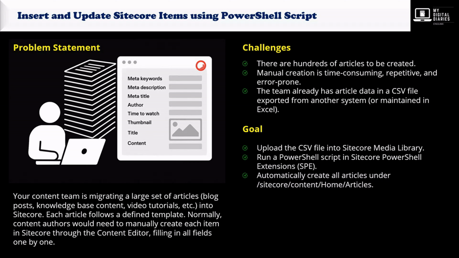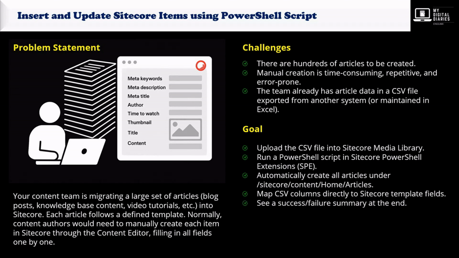The script should automatically create each article under the articles, map each column directly to the Sitecore template fields, and finally give us a success and failure summary at the end. In other words, what used to take days of normal effort should turn into just a few minutes of automated precision. So let's see how we can do that.